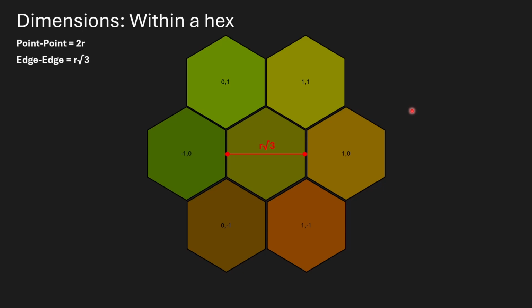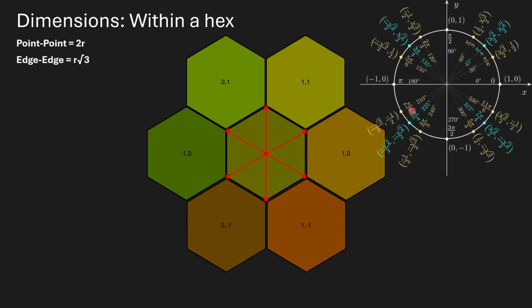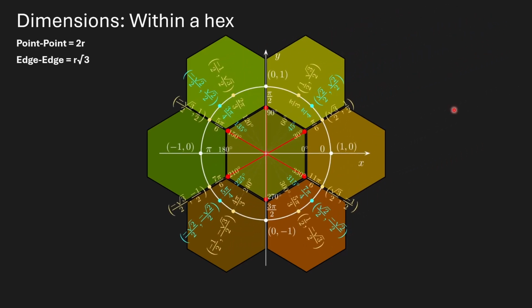If we want to get the corners in, say, object space, individually, we need to do a little bit of trig. We can take the unit circle and overlay it over top of our hexagon, and what you'll see is that our angles line up quite nicely. We have a 30-degree angle, a 90, a 150, 210, 270, 330. You just need to plug these angles into the cosine and the sine for the appropriate value to get a unit vector pointing in the direction of the corner, and then multiply it by the radius.